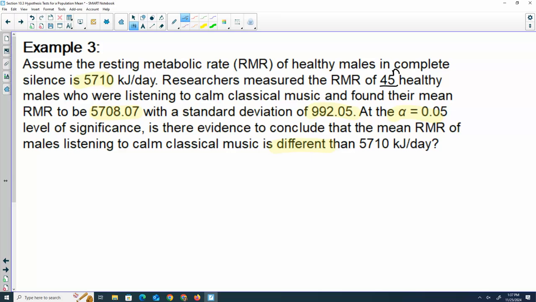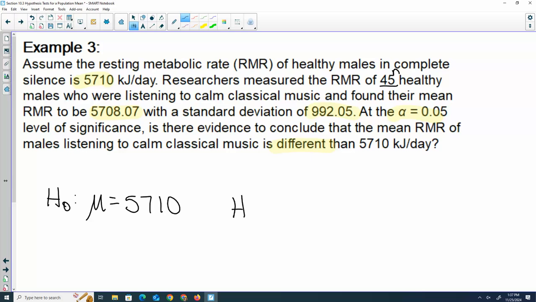So, what do we have to do first? We need our hypotheses. The null is always equal to, we're talking about the mean. So the mean is equal to 5710.